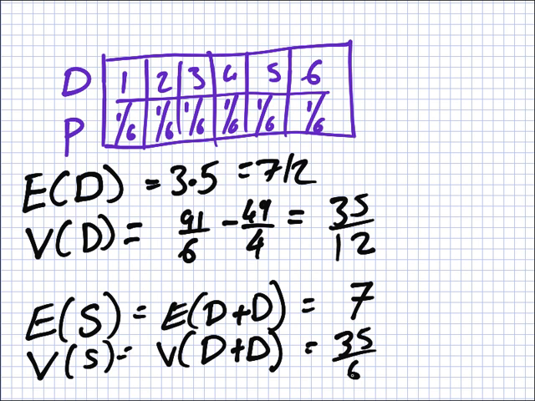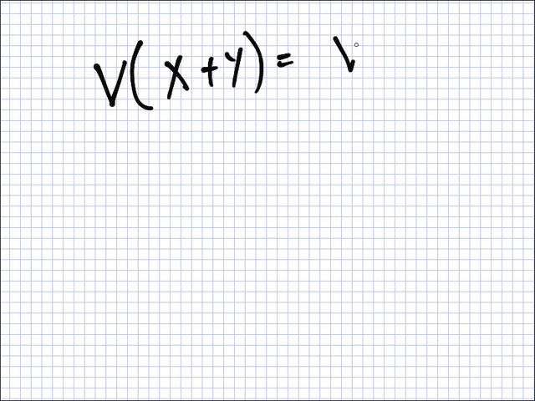I have to explain something I realised I didn't perhaps drive home in the last class. So if you have variance of x plus y, that's equal to variance of x plus variance of y.